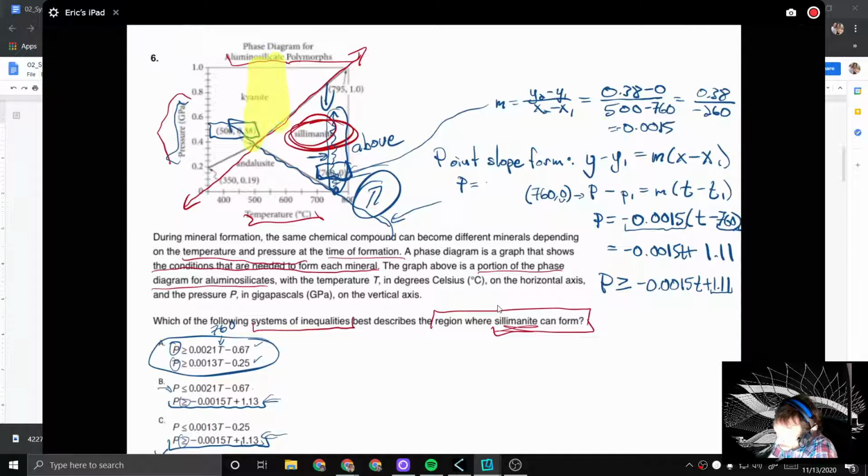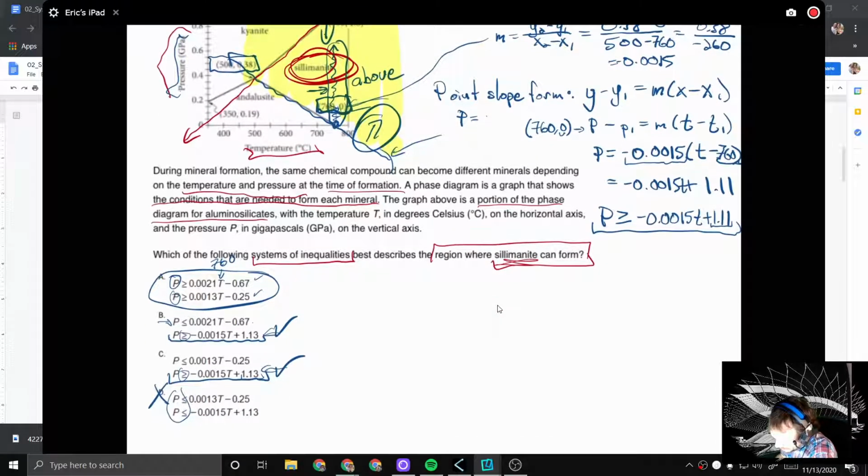This here, this yellow region, that corresponds to this equation, which happens to be the same as that one and that one. It doesn't match this one or this one, so we can confidently cross those out, but we still have to look at the other equation now and determine which one of these two equations we'll get.